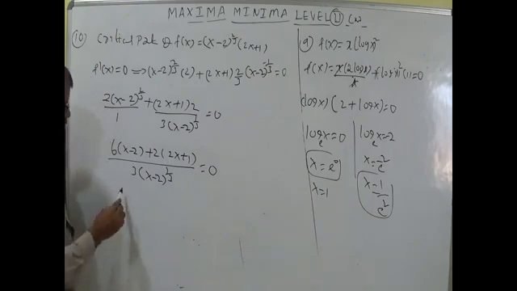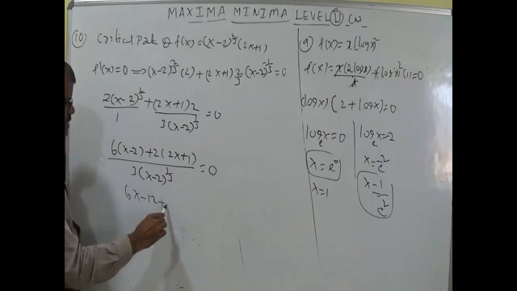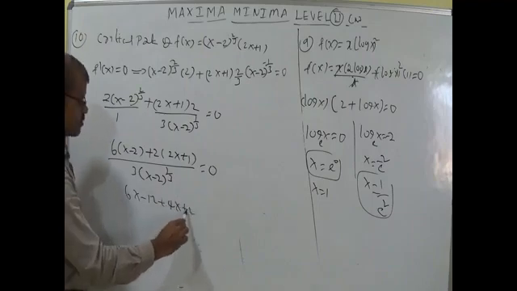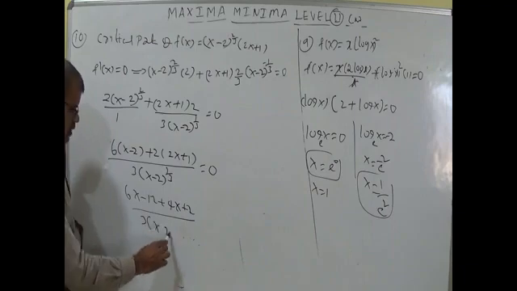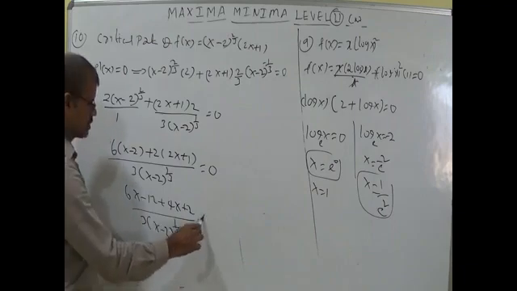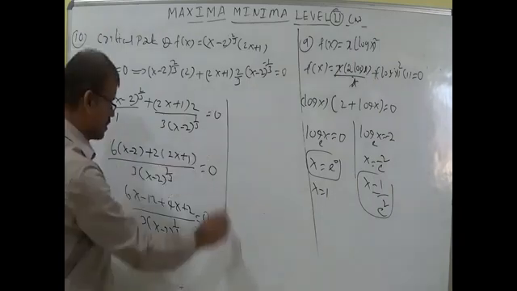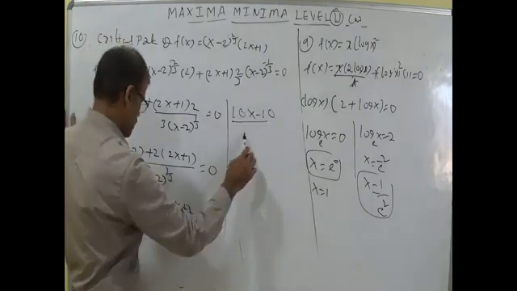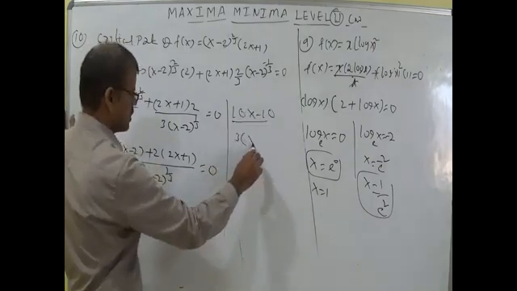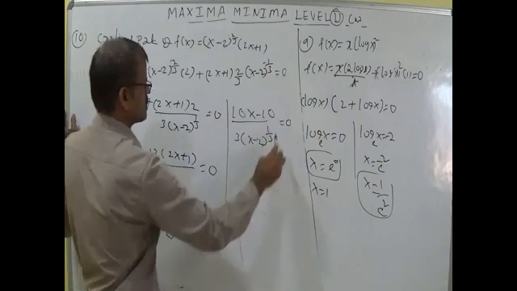Here you can write this as 6x - 12 + 4x + 2 over 3(x - 2)^(1/3) = 0. 6x + 4x is 10x, so 10x - 10 is the numerator and 3(x - 2)^(1/3) is the denominator.